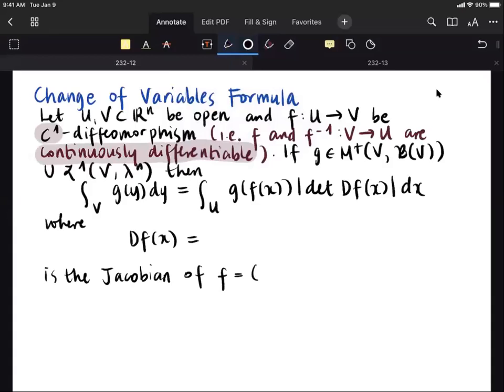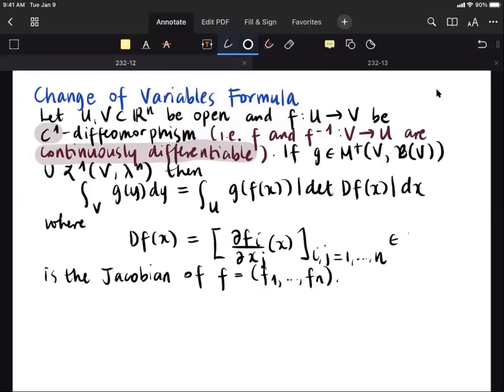Let's say since it maps into a subset of Rn, it has n components, and the Jacobian is the matrix where we take the jth partial derivative of f sub i, with i, j from 1 to n, evaluated at x. So this is an n by n matrix.